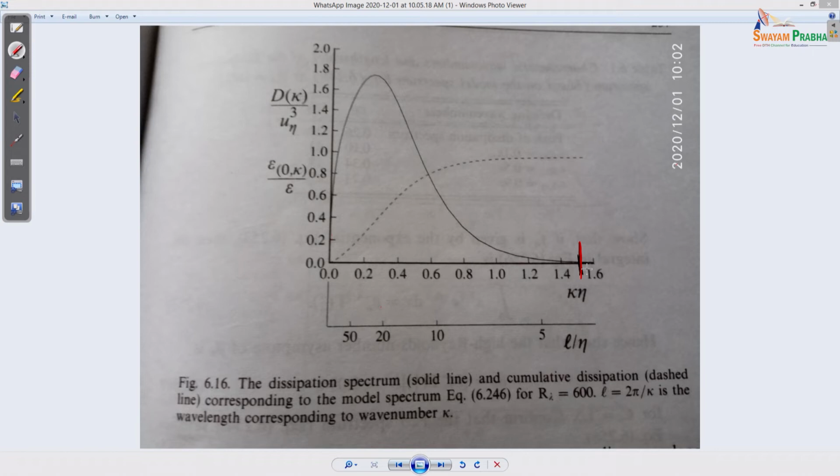I do not have much going on there. Therefore, this could be a good resolution to resolve the smaller scales.